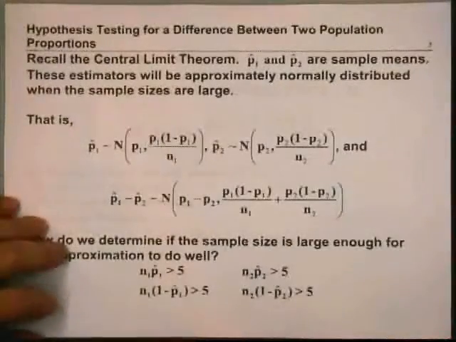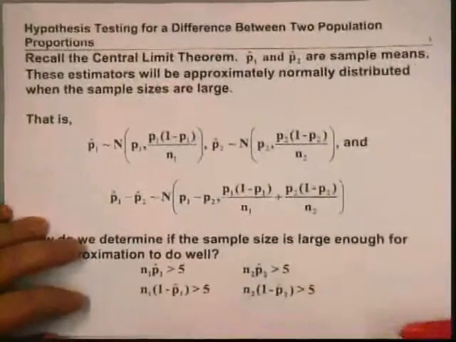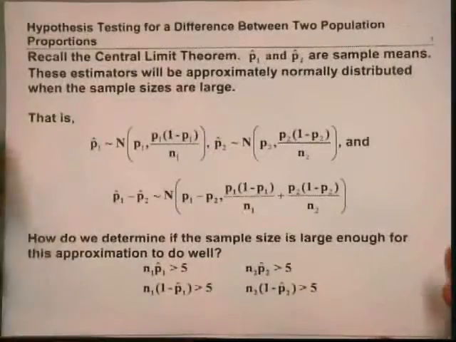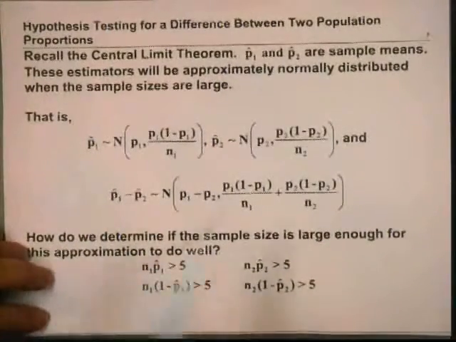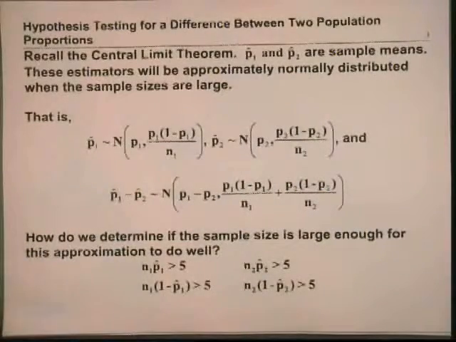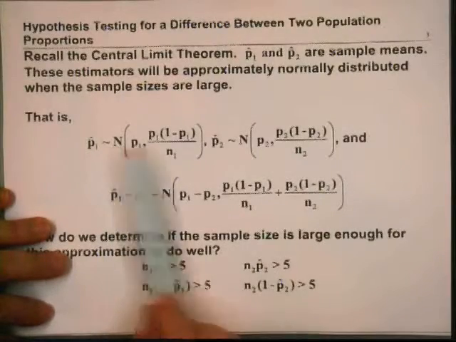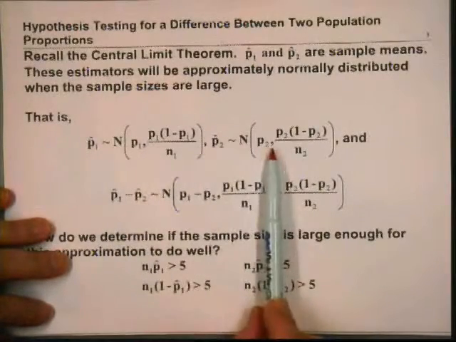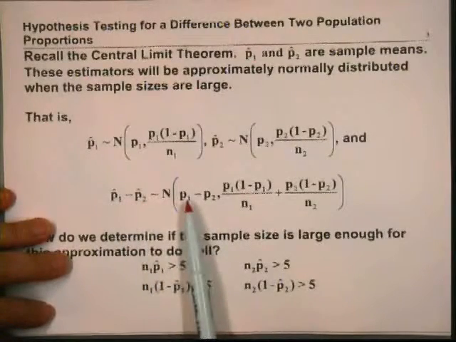I mentioned it just a little while ago, but of course, if our central limit theorem results hold, so recall the central limit theorem. These are actually sample means, and so they will follow a normal distribution when the sample sizes are large. So P1 hat is normally distributed, P2 hat is normally distributed. When the sample sizes are large, the difference between them is also normally distributed.